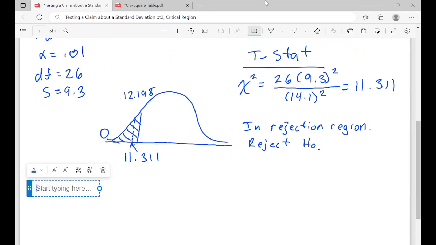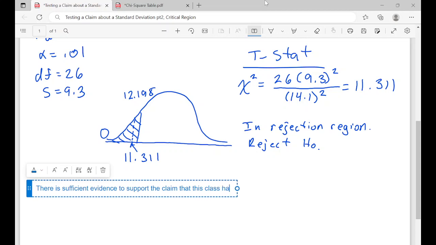So since we reject the null hypothesis, we can say that there is sufficient evidence to support the claim that this class has less variation.